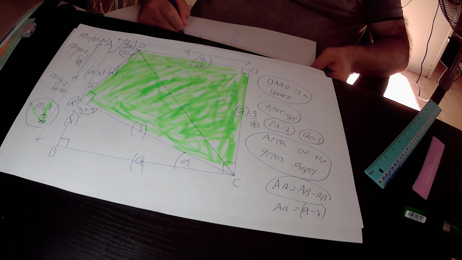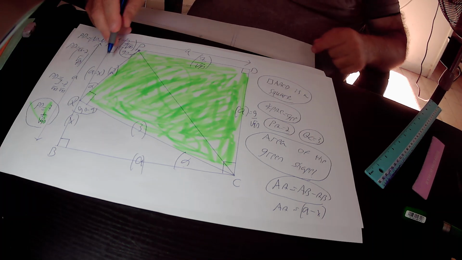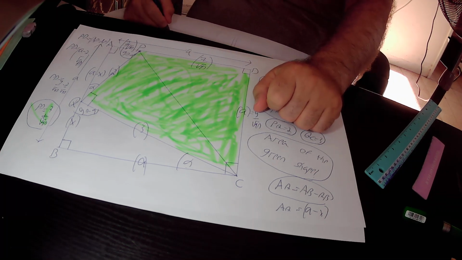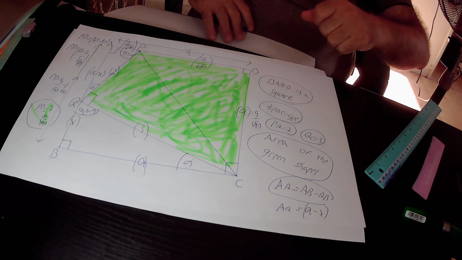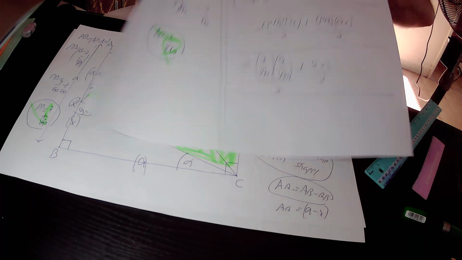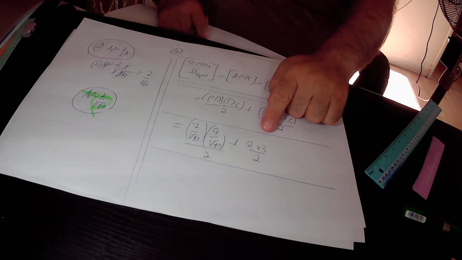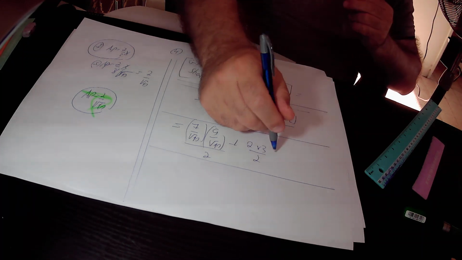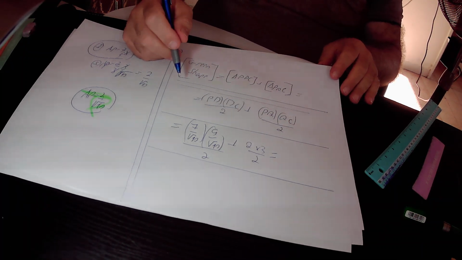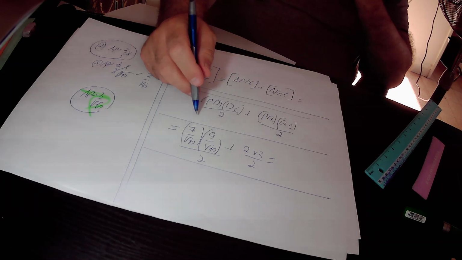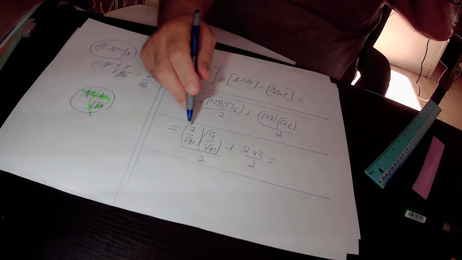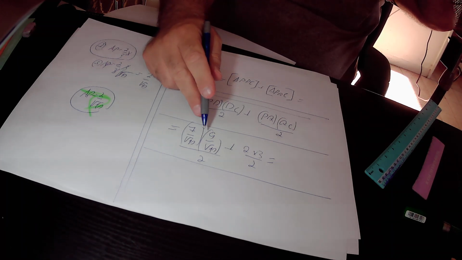And the area of the right triangle PQC equals PQ, that is 2, times QC, that is 3, divided by 2. Here 7 times 9 is 63, and square root of 10 times square root of 10 is 10, divided by 2.